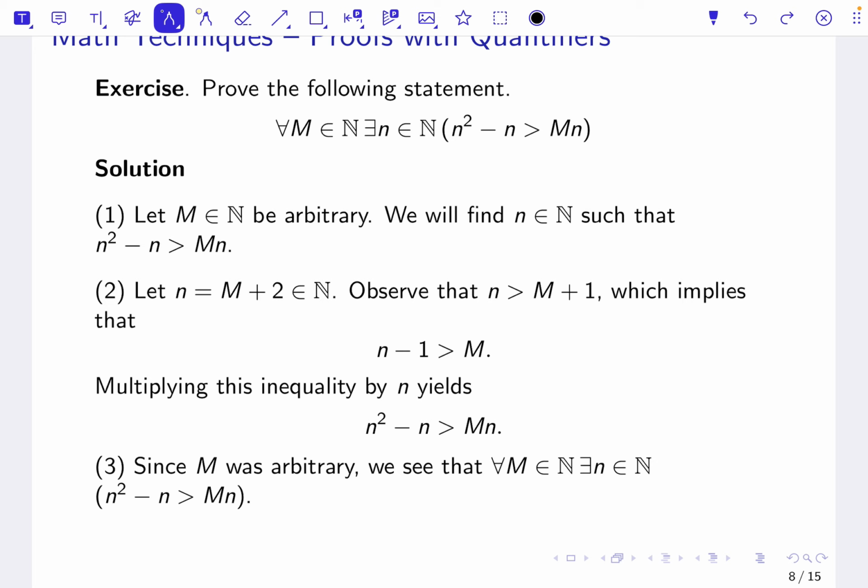So in this case, it's for all natural numbers m, there exists a natural number n such that n squared minus n is greater than m times n. Can you believe this has anything to do with writing programs? It does. You'll see eventually.